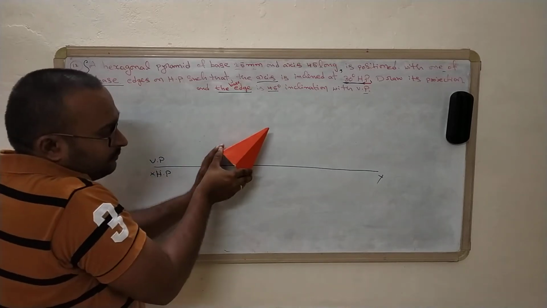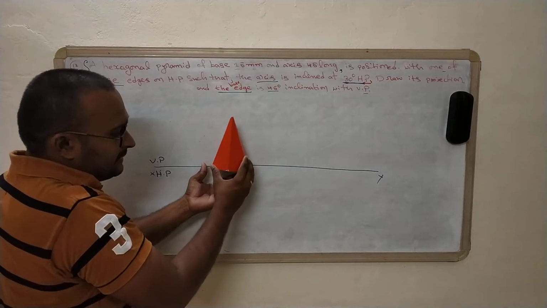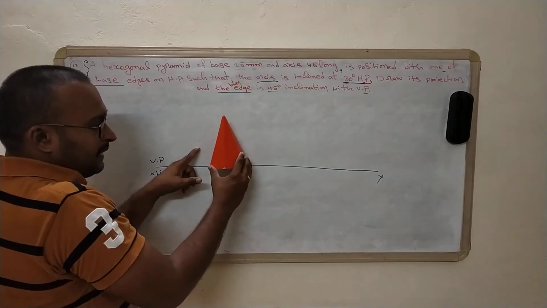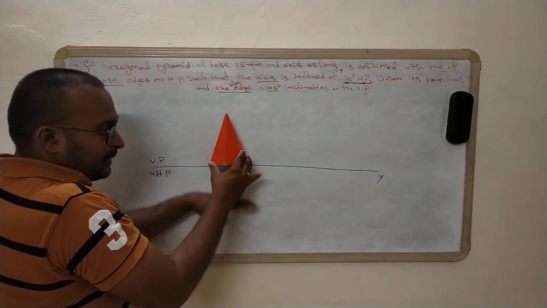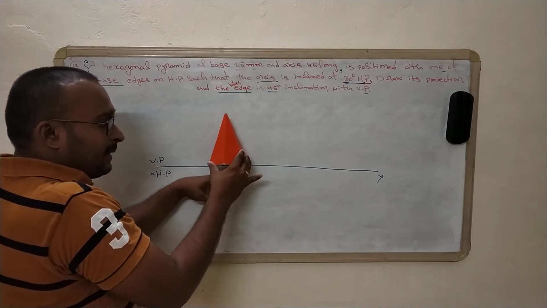Now when we are going to rotate it, in the earlier case the base surface is parallel to the HP and perpendicular to the VP.